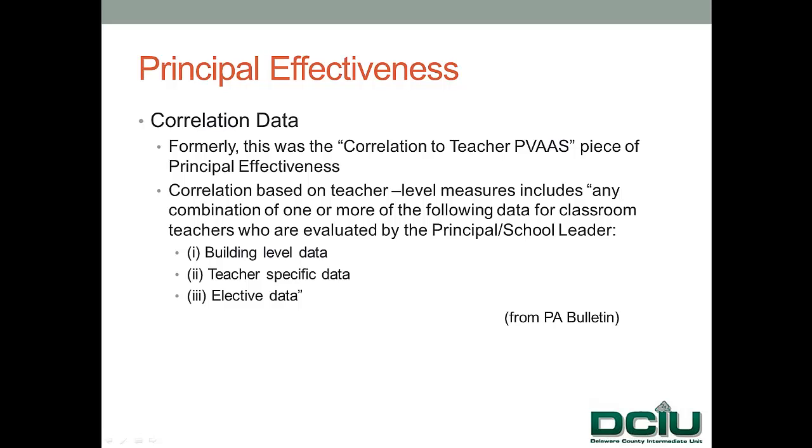You'll notice from the PA Bulletin, correlation based on teacher-level measures includes any combination of one or more of the following data elements. Those data elements are the building level data in the form of the school performance profile, teacher-specific data, which you have just seen the 4 different elements that comprise teacher-specific data, and finally elective data, which is the student learning objective process at the teacher level.